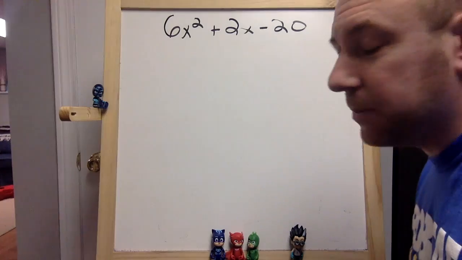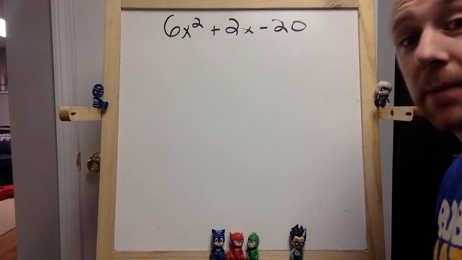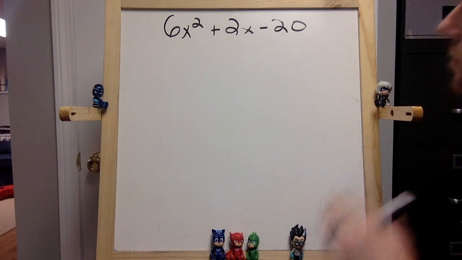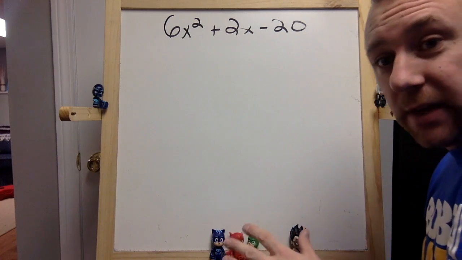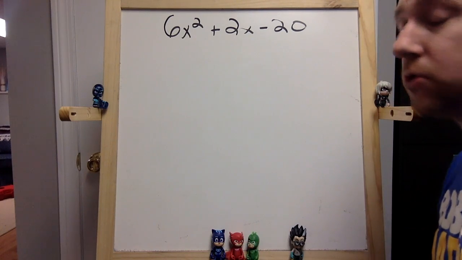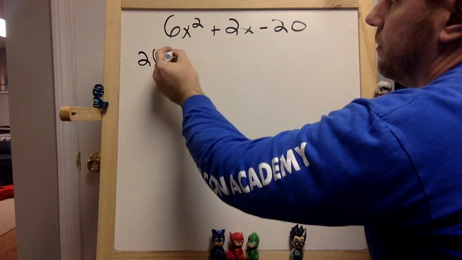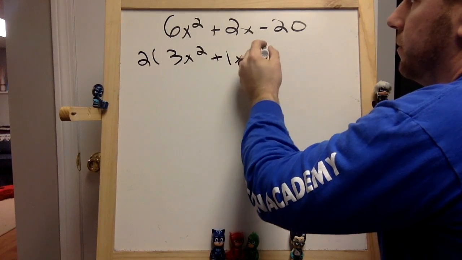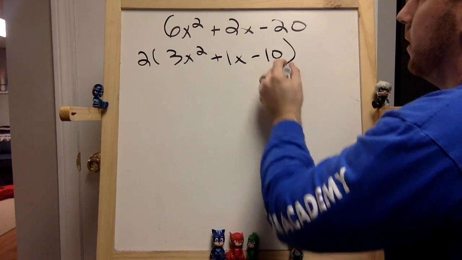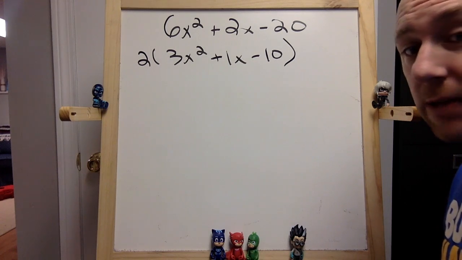In our last example here, again, we're going to follow these same steps that we've always been following. So first off, you should notice that all of these are divisible by 2. So I'm going to make a nice, easier problem. All right, so now I've divided all of them by 2, factored out that 2.